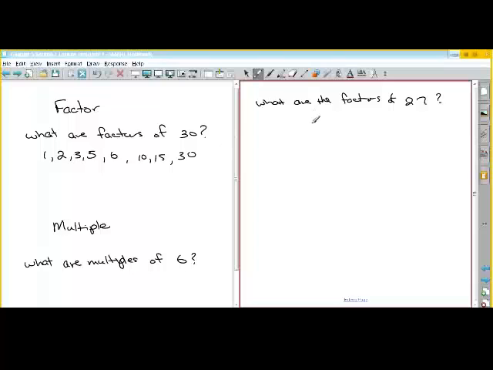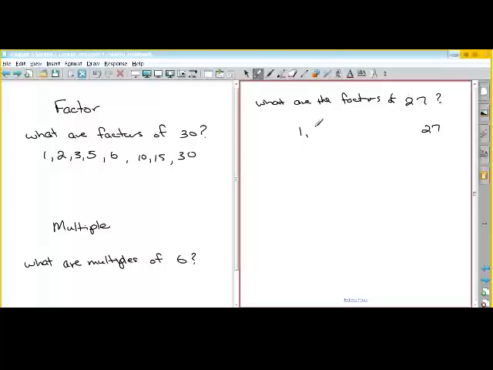So again, in an organized fashion, rather than just kind of thinking about it, which numbers can I divide 27 by and get a number without a remainder? The best thing to do is to start off with the two numbers, 1 and 27. And then I go to 2, and I say, well, I can't divide 27 by 2 because I'm dividing an odd number by an even number. That's not going to work.